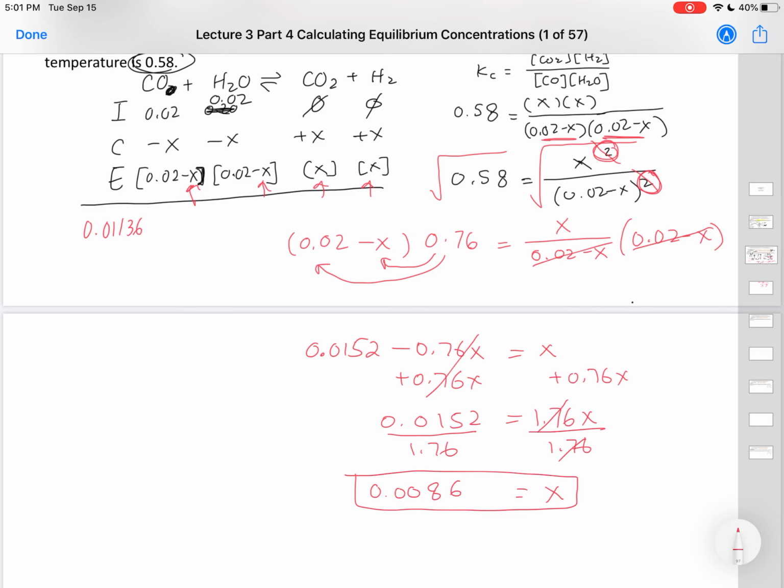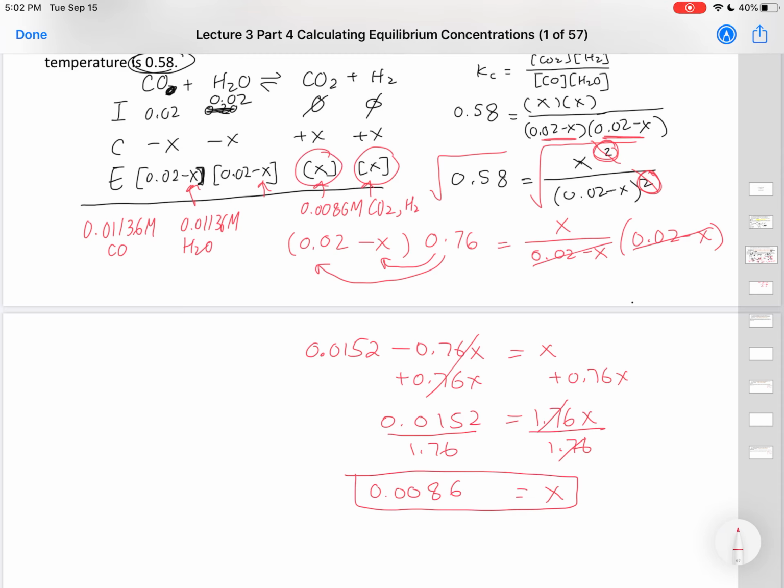I'll leave it like that. That is the molarity of the CO, and also 0.01136 molarity of the H2O. And we have 0.0086 molarity of the CO2, as well as the H2, because they're both x.